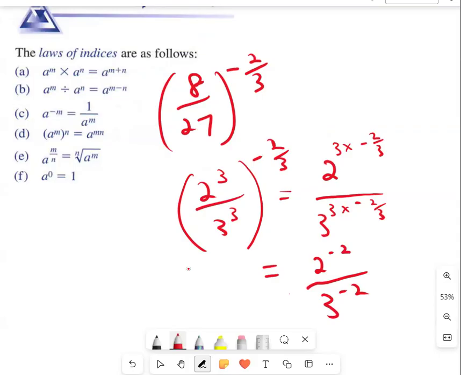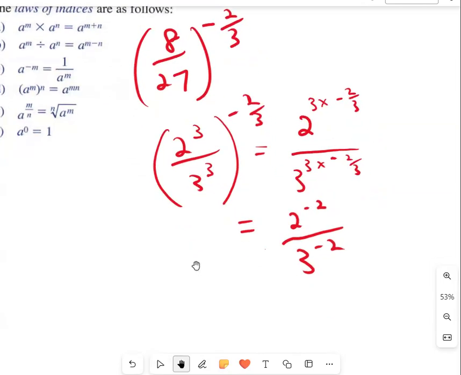Do you recognize that? Okay, 2 to the minus 2. All right, let me write that back. What's going on here?